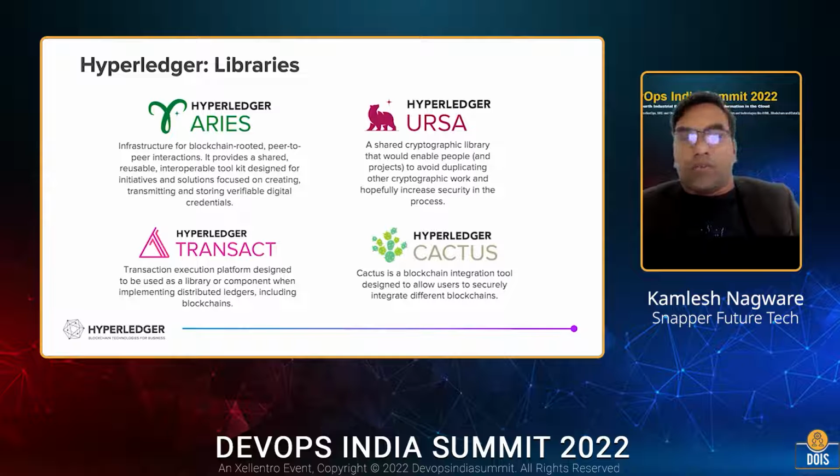For example, someone may want to use MD5, or a specific geographic algorithm. China, for example, has its own cryptographic algorithm. So Hyperledger Ursa provides an interface to plug and play these cryptographic algorithms on the blockchain ledgers. And then Transact.